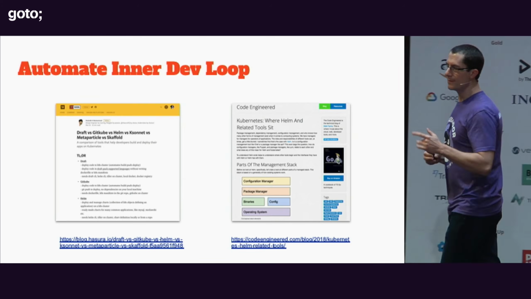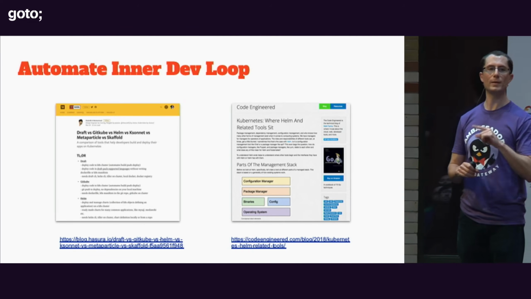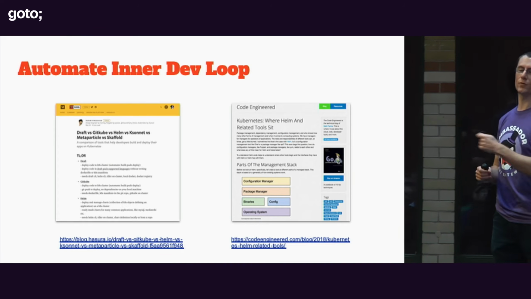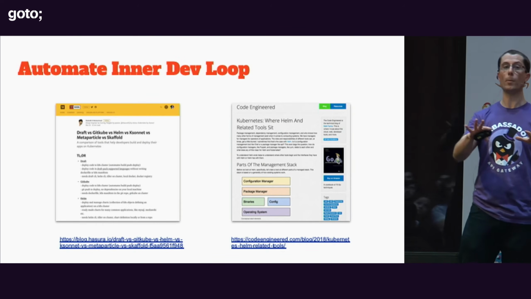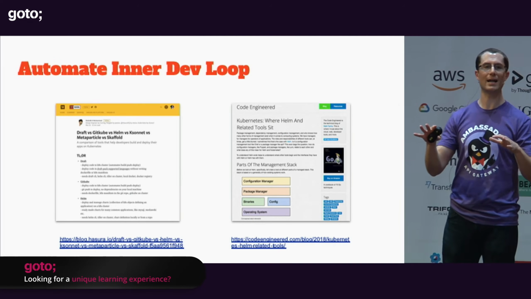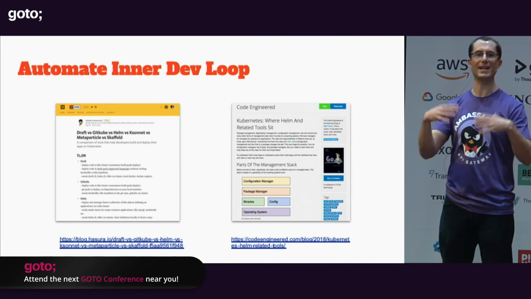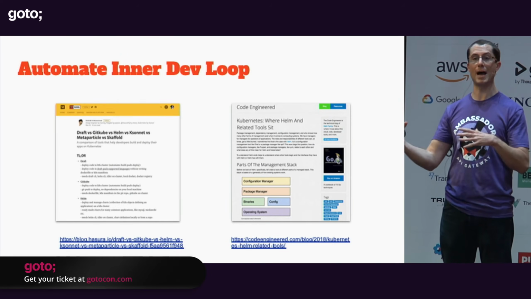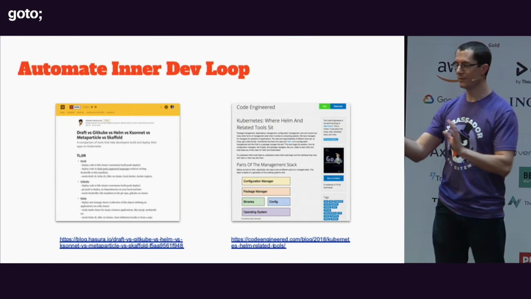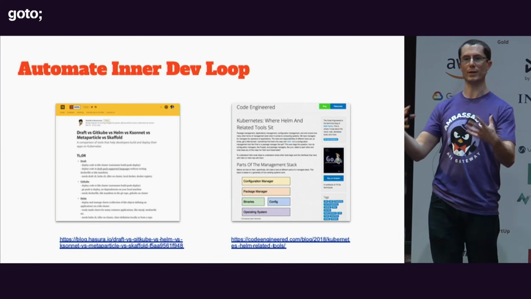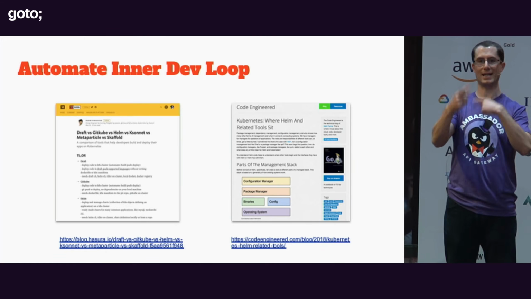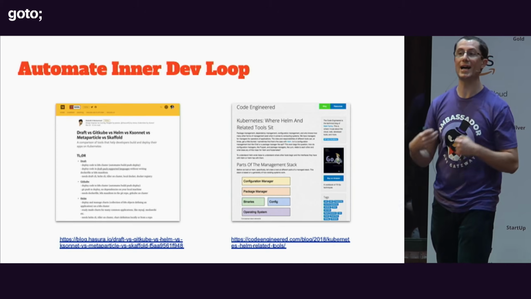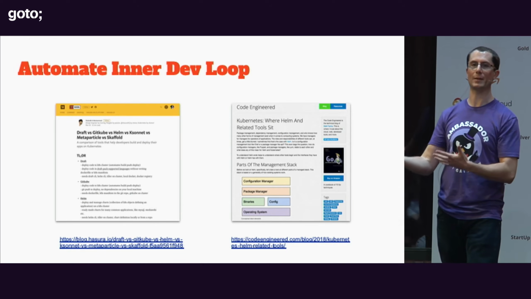Now, there are tools I want to highlight popping up in this space. A hat tip to Shahid, fantastic blog on the left, and Matt Farina talks a lot about, if you're more of an operator type person and you're trying to understand your traditional world of DEBs and RPMs, Ansible, Terraform, how this maps to the Kubernetes world, these blog posts are great jumping off points to understand how you can automate that container build in the background, how you can automate deployment of applications, how you can manage deployment of applications.